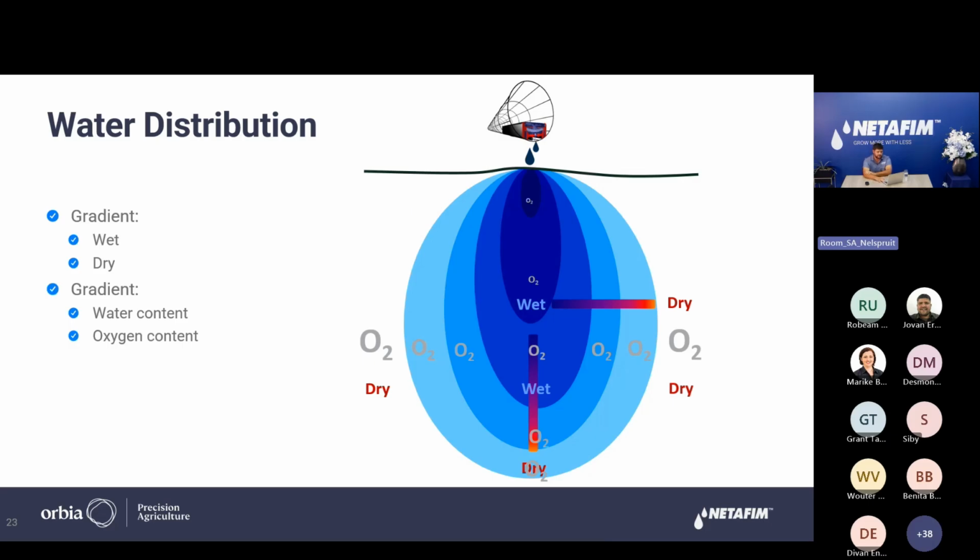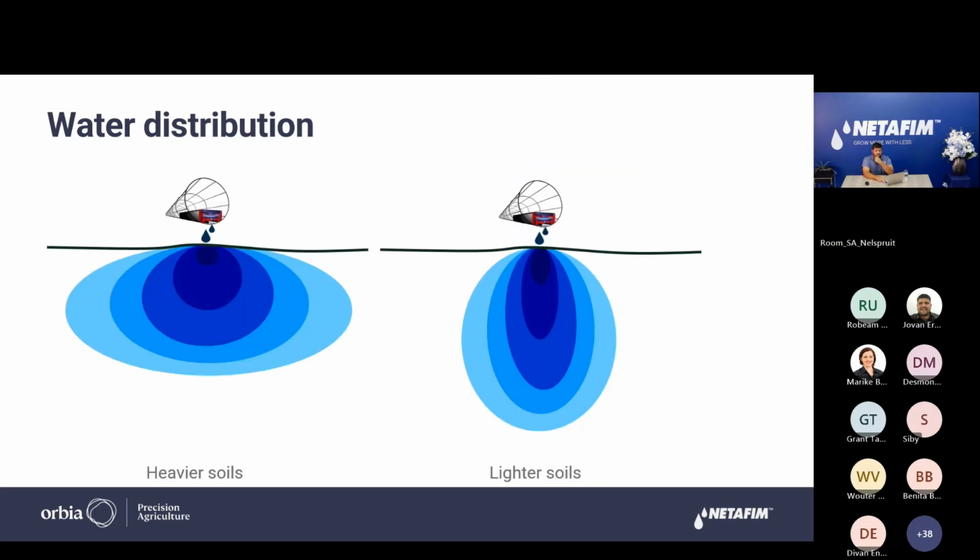As this evens out, the oxygen will come back into the soil, and that will also even out in time. This is very simply explained. When we have heavier soils, we tend to see wider water distribution underneath a dripper, and when you have lighter soils, you tend to have narrower, deeper water distribution.